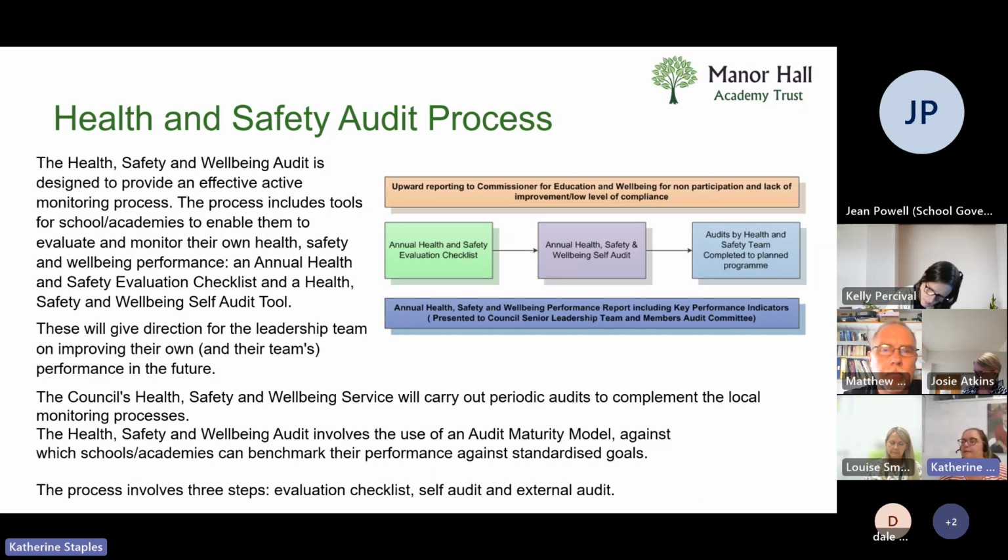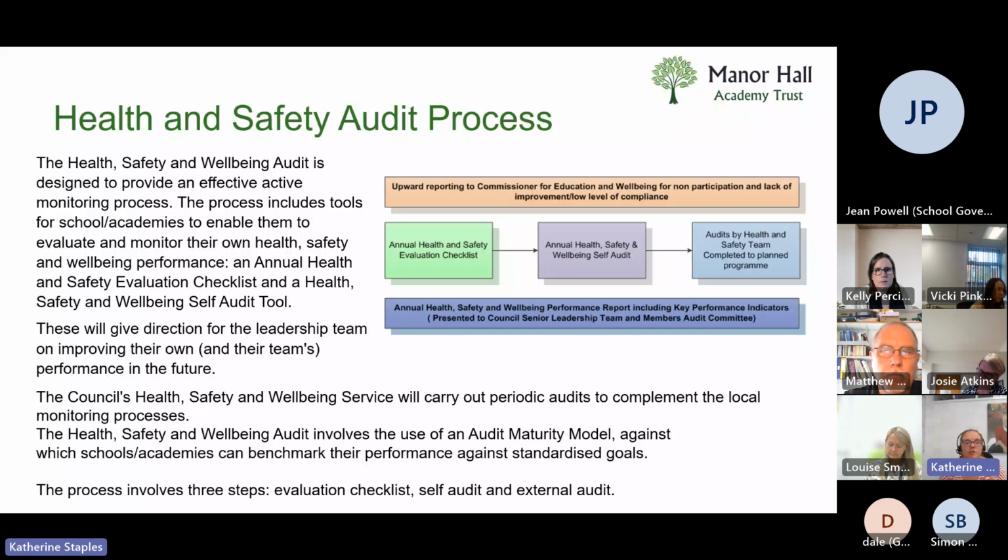What I will say is that our trust has got an absolute range of different abilities, different best practice. We've got schools that have just started out with us that are on their journey and just started to implement things. And then we've got schools that have been with us for ages and that are achieving 4s and 5s, which is excellent. But health and safety is always changing and it never stops.